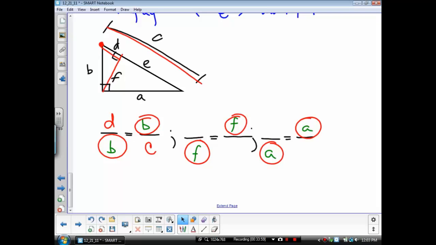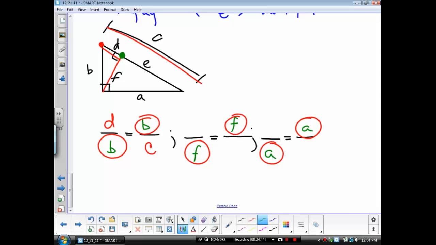Now, F is a geometric mean between two segments. What is F the geometric mean between? D and E. Notice both of those segments intersect F at that point.